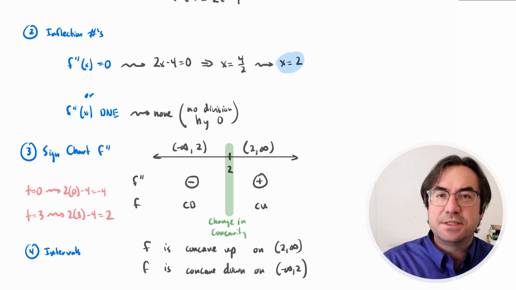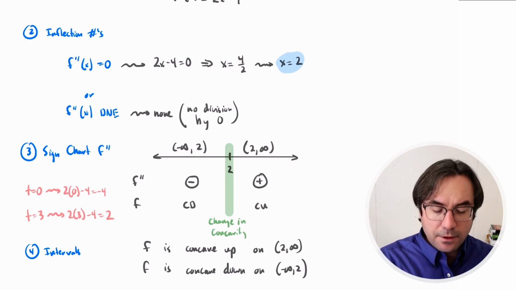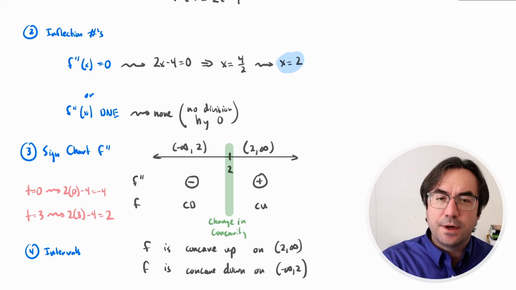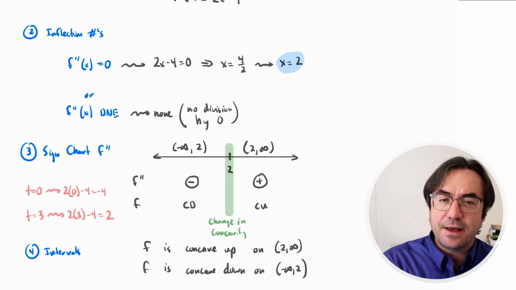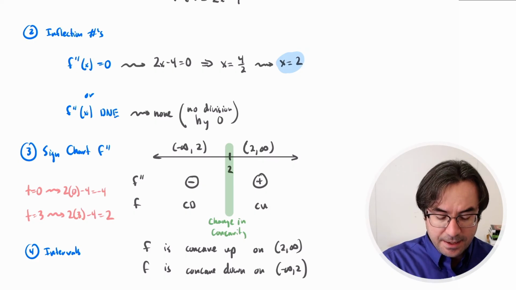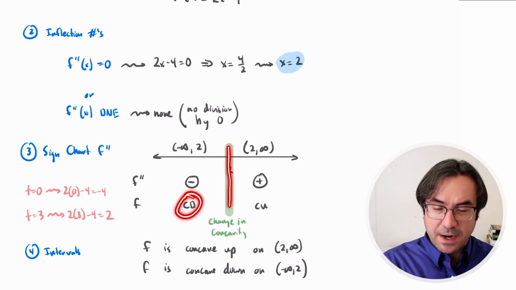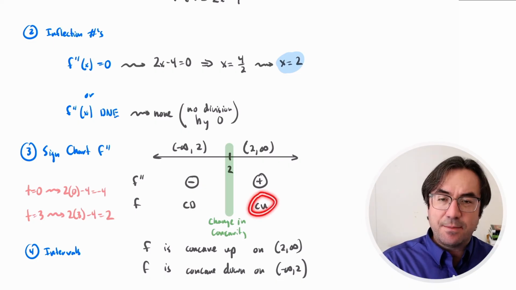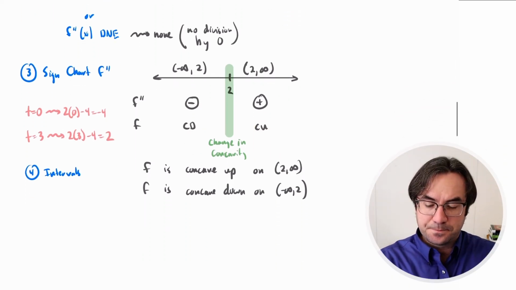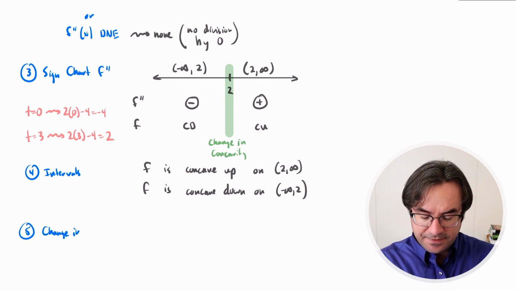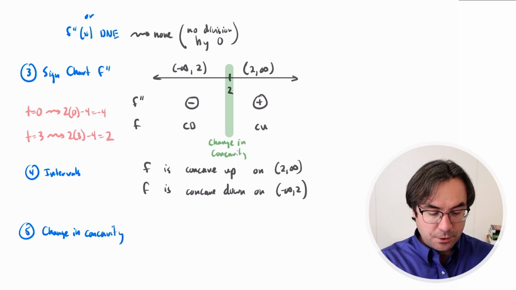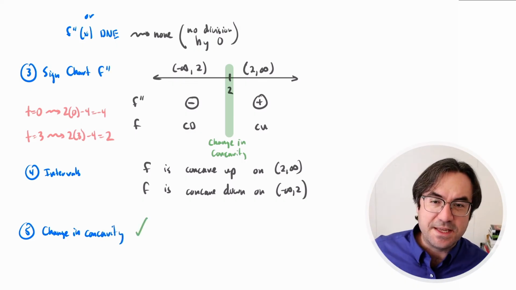This is really step 5. If you're going to find the inflection points, you just got to verify, is there actually a change in concavity at that point? And in this case, yeah, we're going from concave down on one side to concave up on the other side. So you want to look for a change in concavity. Check. We did see that.